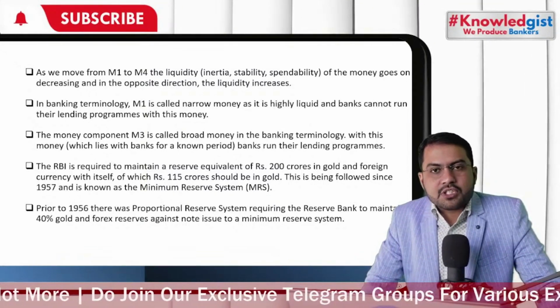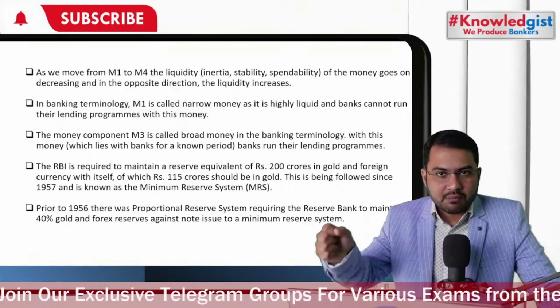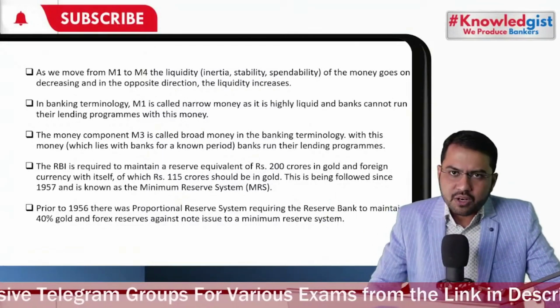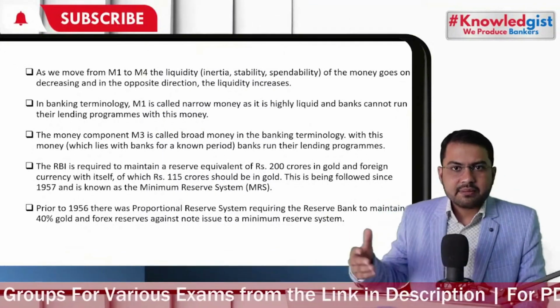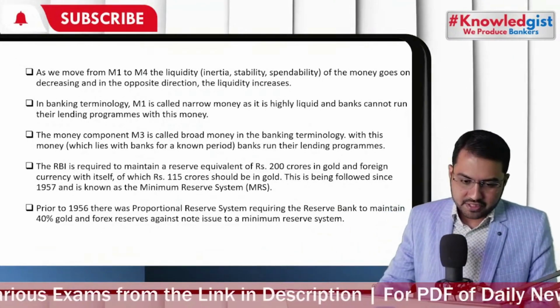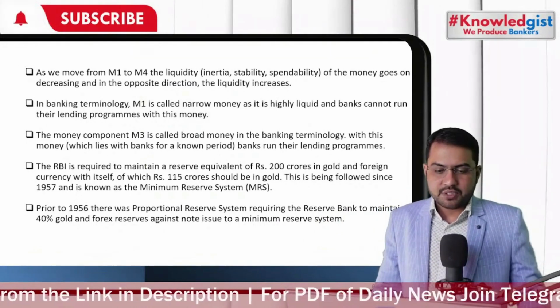In the minimum reserve system, you should have at least 200 crore of reserve to print money. Out of that 200 crore, 115 crore is in the form of gold, and the rest could be foreign currency or bullion, gold bonds, etc. Clear? So prior to 1956, there was the proportional reserve system.